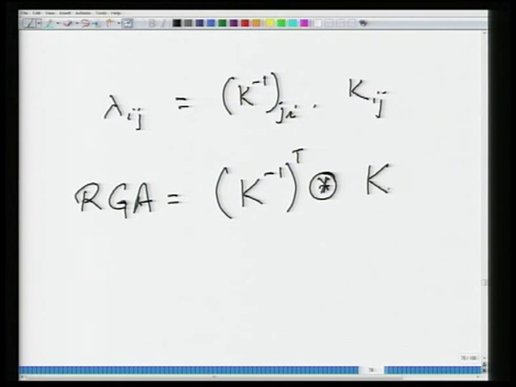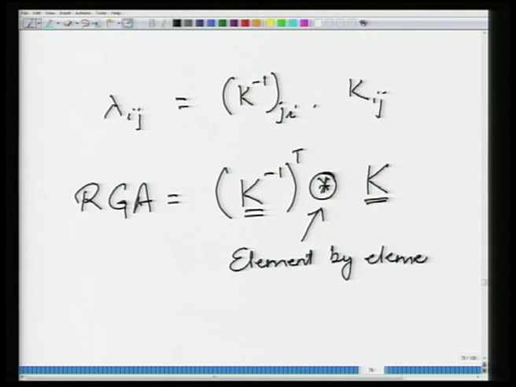This is element by element multiplication, not matrix multiplication. Okay. So, this is how you calculate your relative gain array.